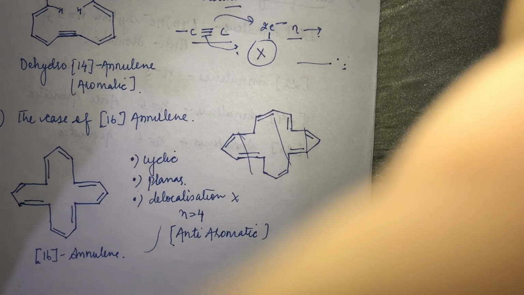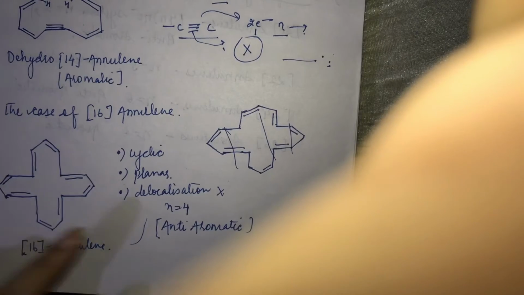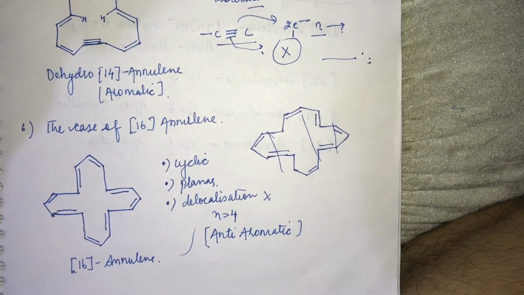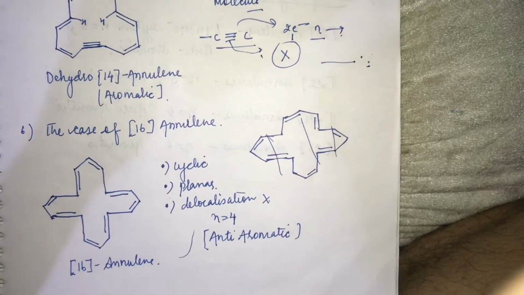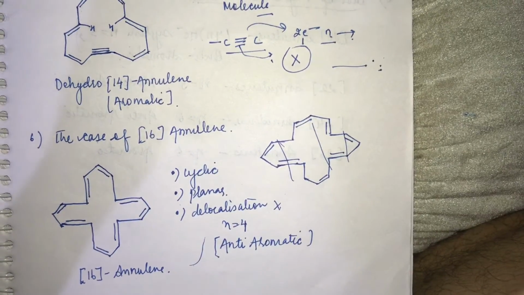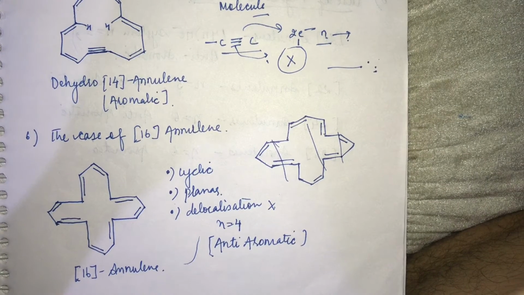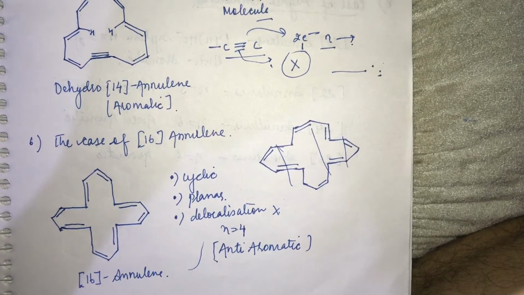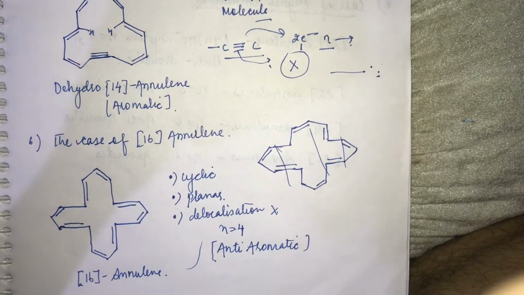The first condition is fully satisfied, with the molecule being cyclic, planar, and having continuous delocalization of pi electrons. In the second condition, it has 16 pi electrons, and since we have 16 pi electrons present in it, it is considered to be anti-aromatic.